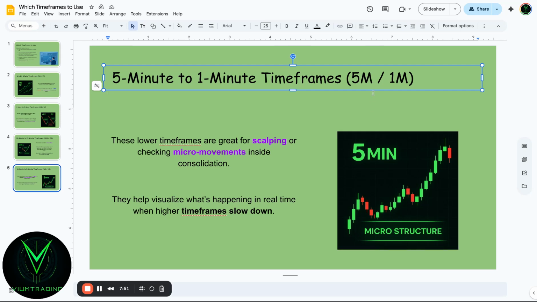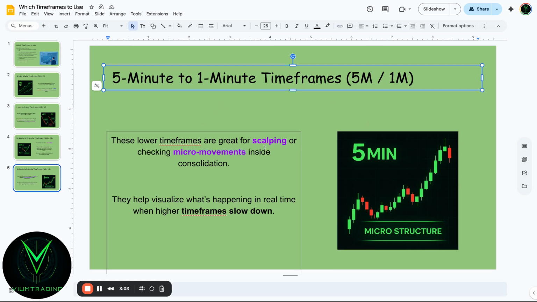So I usually use 30 to 15 minutes for that. If I start seeing some red on the 15, 30 minutes, yes, that should be an indication to me that the market is slowing down or it's about to have a retracement.